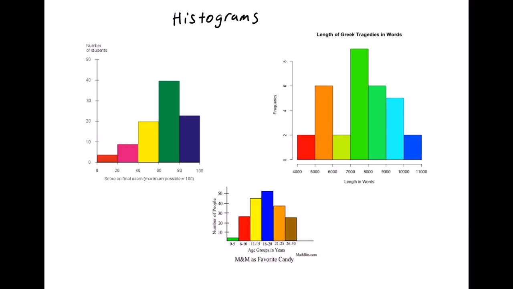You've got length of the Greek tragedies in words, and then you've got frequency over here. Whenever you see frequency, that just means how many. So in this case, we're talking about how many Greek tragedies. 2 Greek tragedies have their words between 4,000 and 5,000. 6 have between 5,000 and 6,000. And you can read it from there.